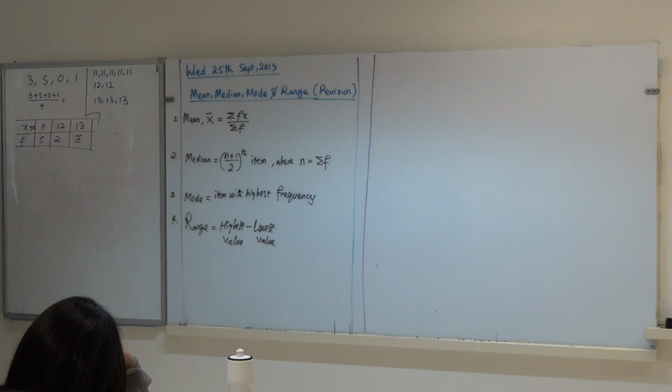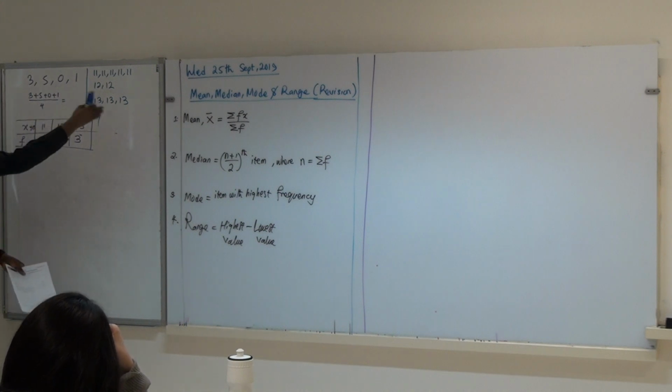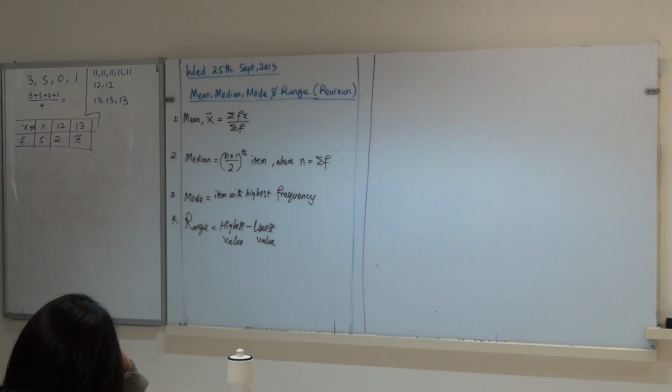So when I gave you the paper some minutes ago, I saw a lot of people trying to do something like 11 plus 11 plus 11 and all that. The question is, how many data do I have? 10, right? What if I have 100 data summarized in this table? Are you going to add 100 data one by one? That's why when you see a frequency table, you do not even think of adding individually. So please pay attention, like I said.